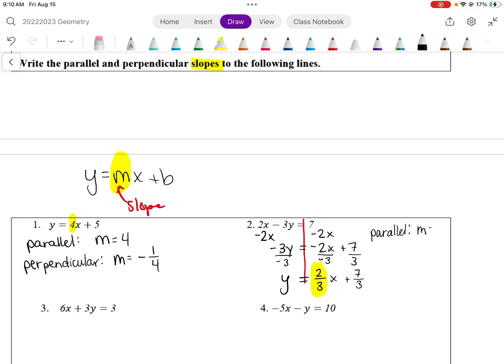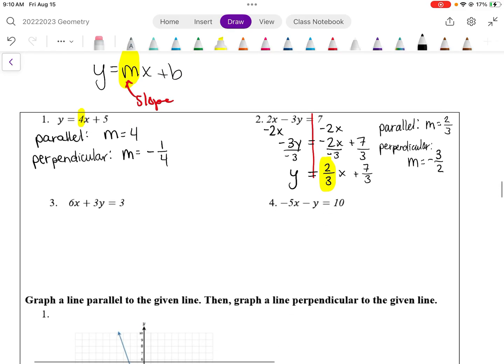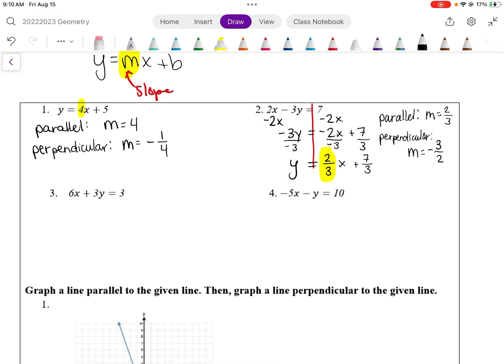So my slope here is 2/3. So if I wanted it to be parallel, I would keep the slope the same. If I wanted it to be perpendicular, I would do the opposite reciprocal. So the opposite reciprocal of 2 over 3, I would want it to be negative, and then you flip it, 3 over 2.